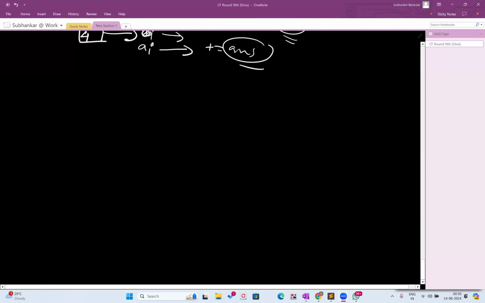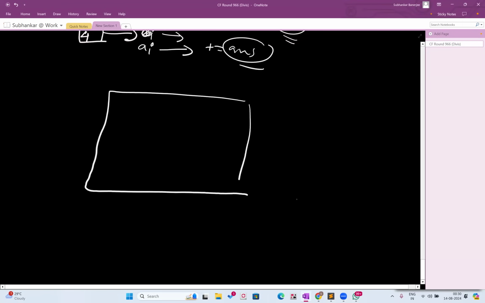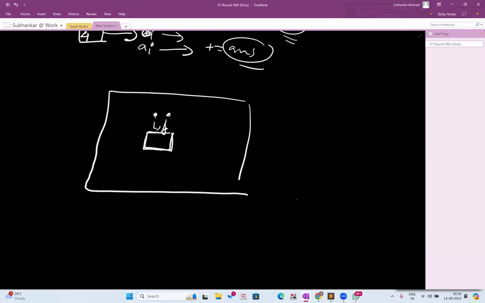Now we have to check one thing. What is the contribution of a cell i, j? How many subsquares is it a part of? So this is the main thing left in the question.